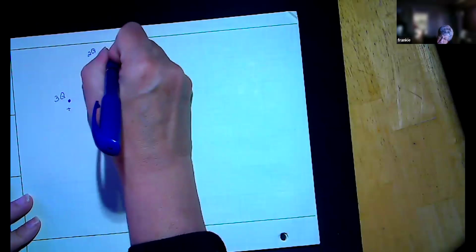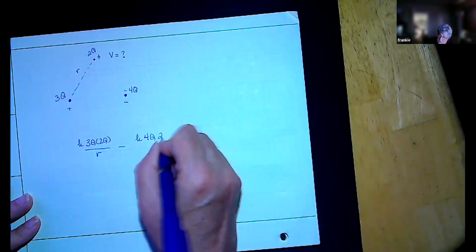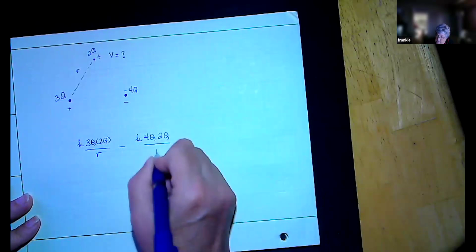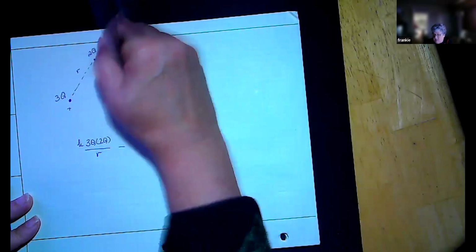The potential at this point is just going to be the sum, and I'm going to have my k 3Q 2Q divided by this R, minus k 4Q 2Q divided by that R. And if this is an equilateral triangle, that R is the same.